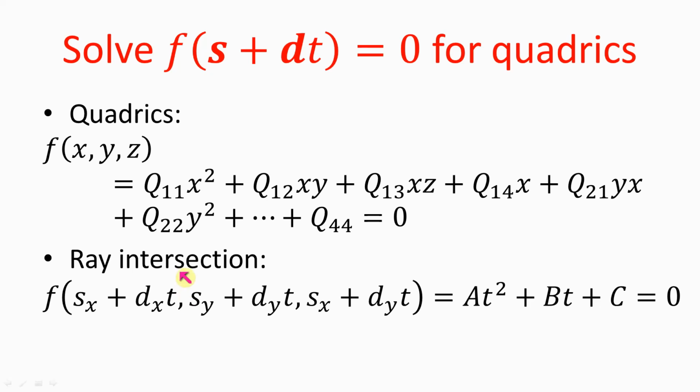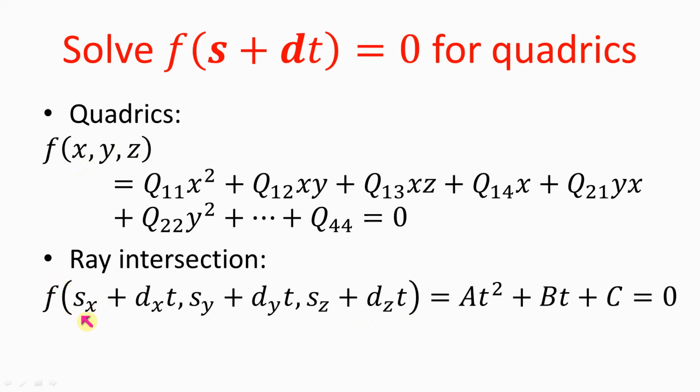When the ray surface intersection problem is considered, we have to replace xyz Cartesian coordinates with the equation of the ray, defined by starting point S, in Cartesian coordinates sx, sy, sz, and of direction d, which is defined in Cartesian coordinates with dx, dy, dz.